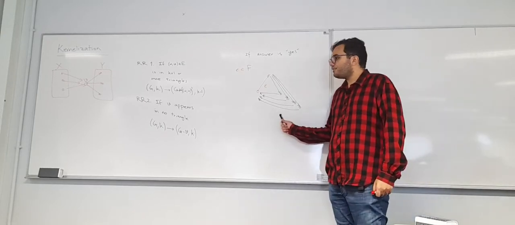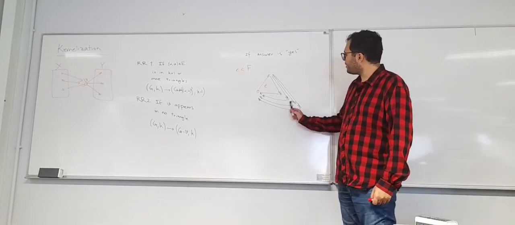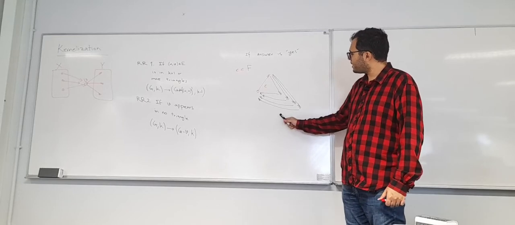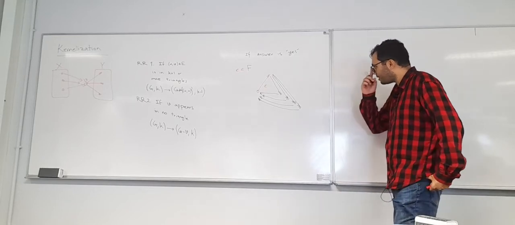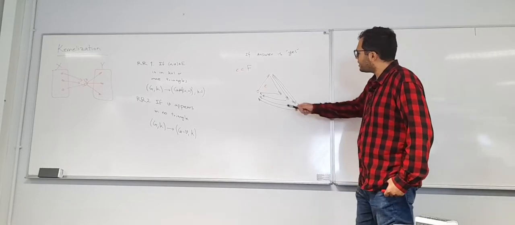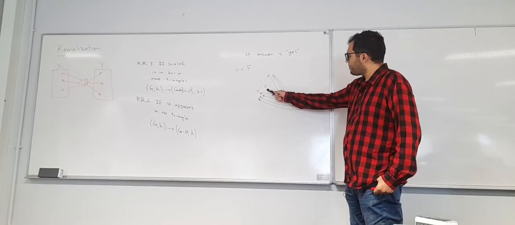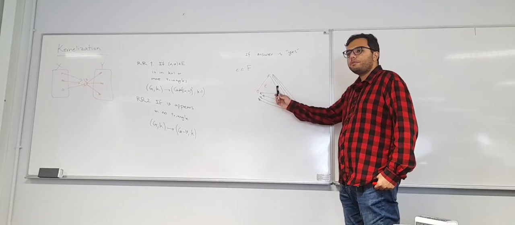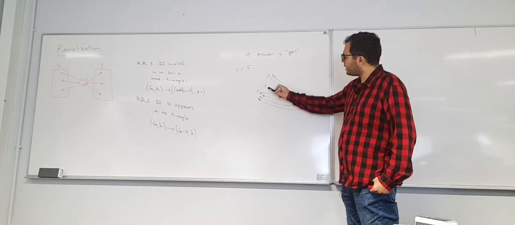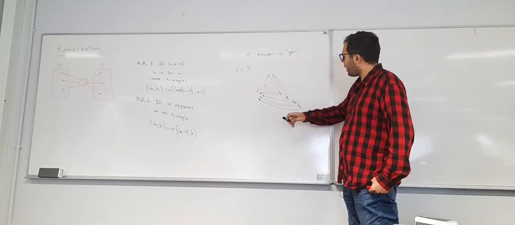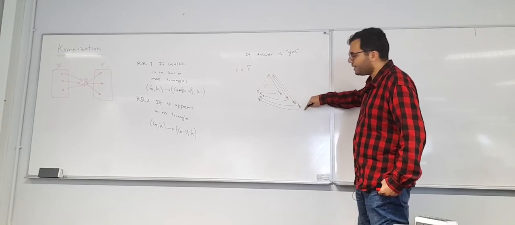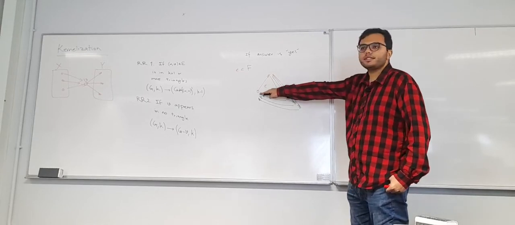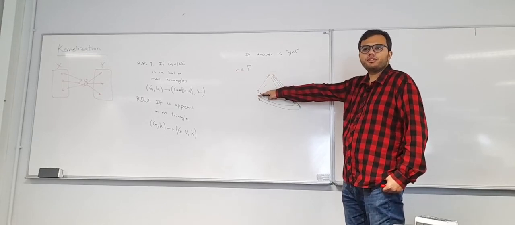But actually, we can find a better bound here. Instead of 3k squared, I can do even better. Consider this edge E. What is the number of vertices that appear in triangles that contain E? I have at most k vertices here, and 2 vertices here, so it's k plus 2.